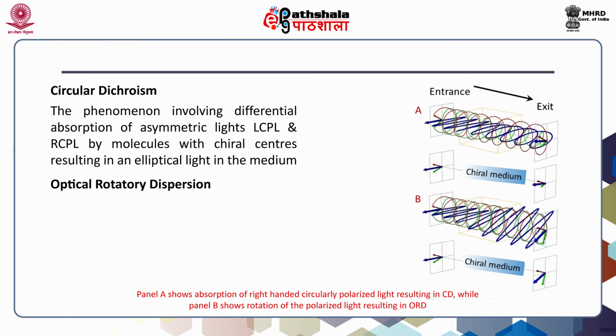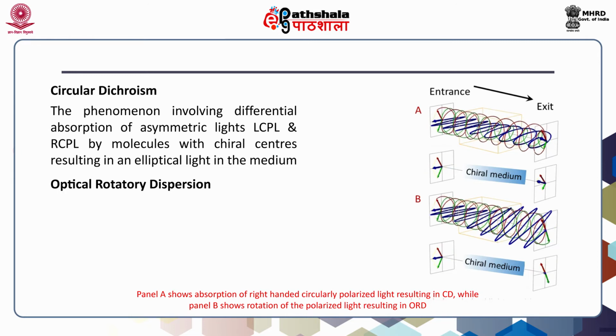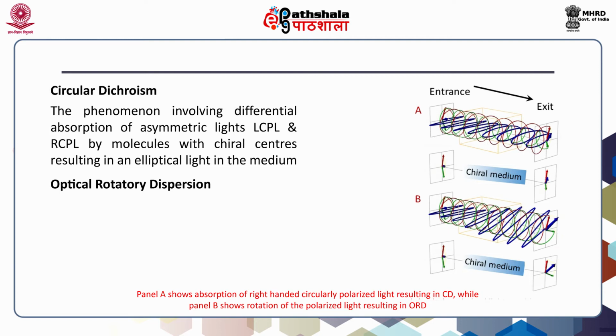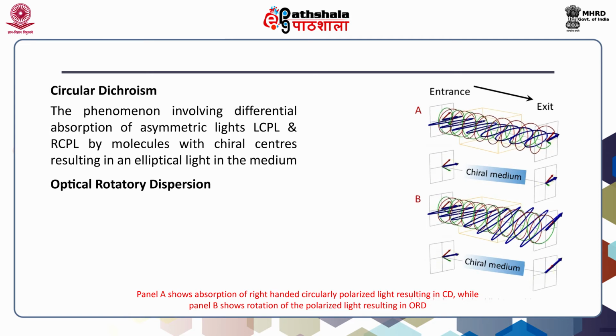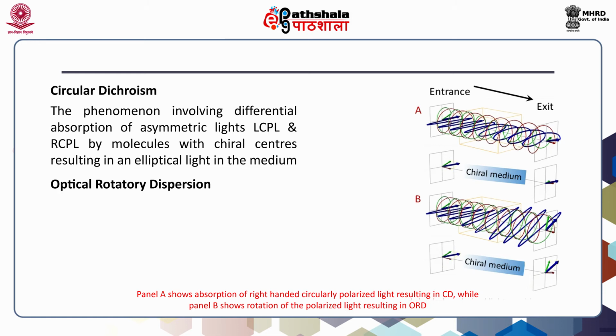Note the continuous change in ellipticity of the RCPL shown in green color, and when they emerge from the medium, the light shown in blue color is the resultant of superimposed LCPL and RCPL. It is oscillating linearly in the incident light.